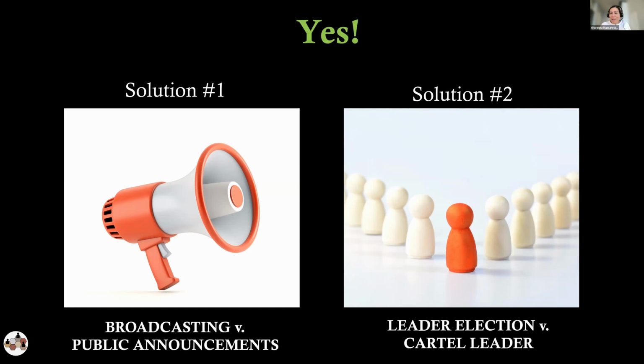Public announcements, like broadcasting, don't by themselves enable an agreement, but they are an element that can be used and is considered by courts in cartel analysis. So it's not something new that computer science is telling me, but it confirms that public announcements can increase coordination.